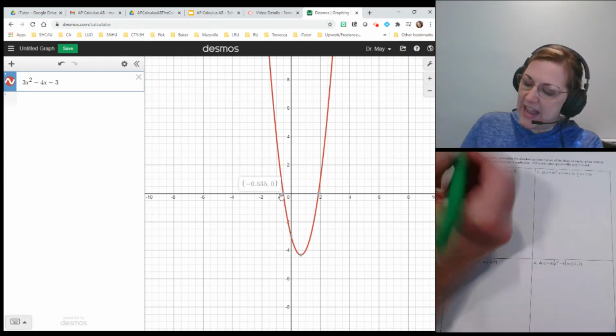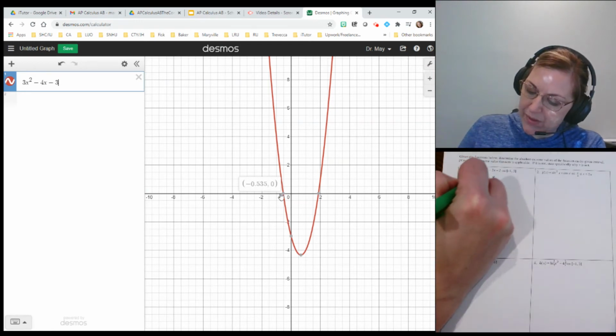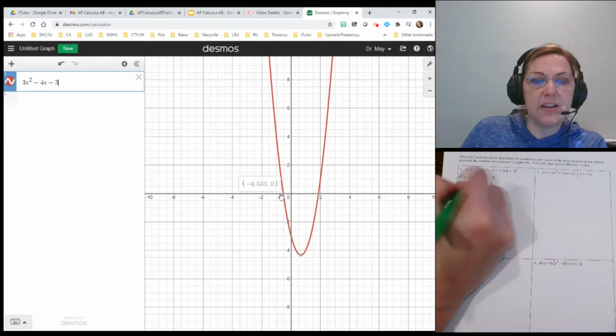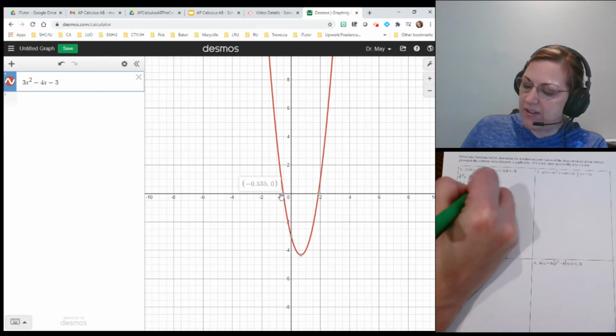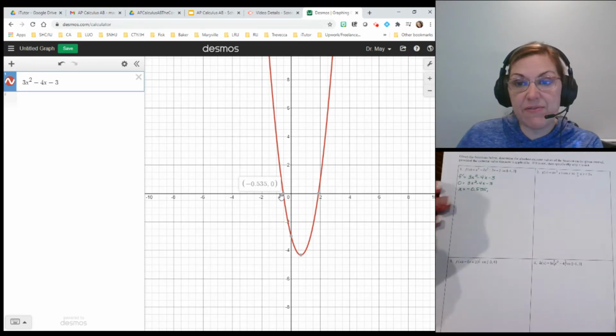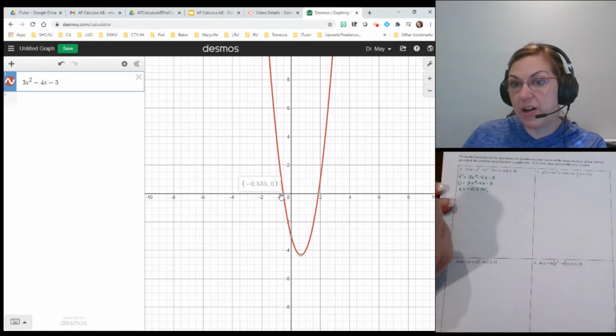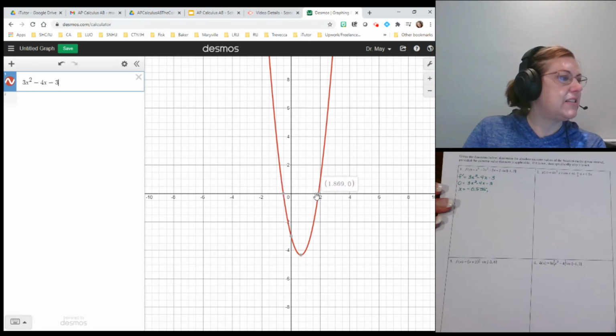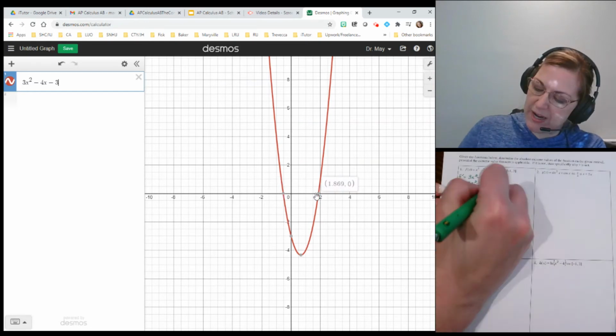So x is going to be negative 0.535. Now, if you're using the 84, you definitely can find this value as well by using the zero method on the graph. And then I'm also going to get this value, which is 1.869.